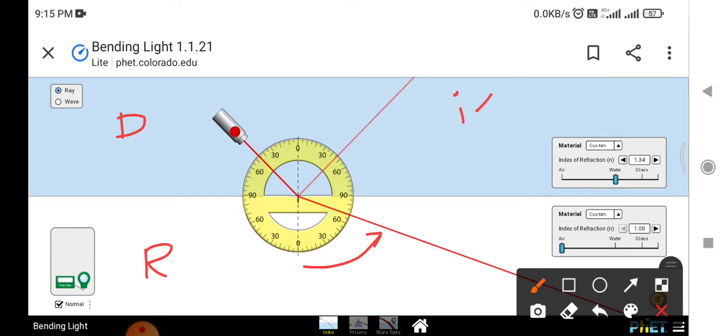That means the I value is less than the R. The angle of incidence is 45, and the angle of refraction is 70. So I is 45 and R is 70.